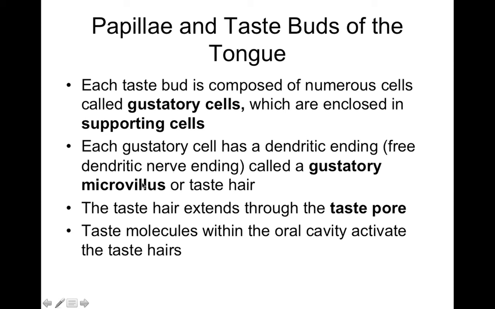Now, these gustatory microvilli, or taste hairs, extend into the taste pore, which is located by your taste bud, and that allows for chemicals in saliva to diffuse down deep into the taste bud, enter your taste pore, and then basically have those chemicals bind to receptors on these gustatory microvilli, which can activate the gustatory cells, and allow you to sort of receive that information about the chemical environment in your mouth.